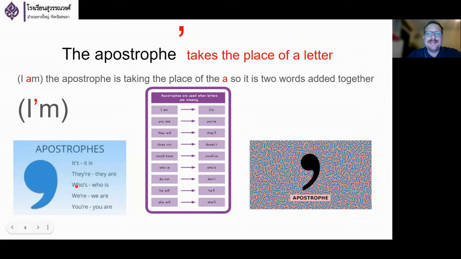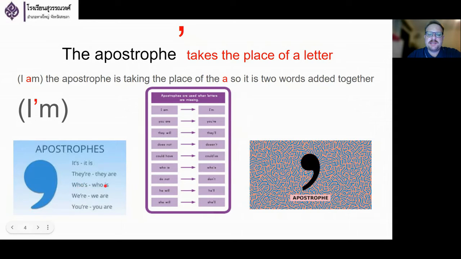Who is, whose. That's 1 word, but it's a contraction. Who is, that's 2 words. Who is going to play football? Who's going to play football? It's the same sentence, but the second one has a contraction.